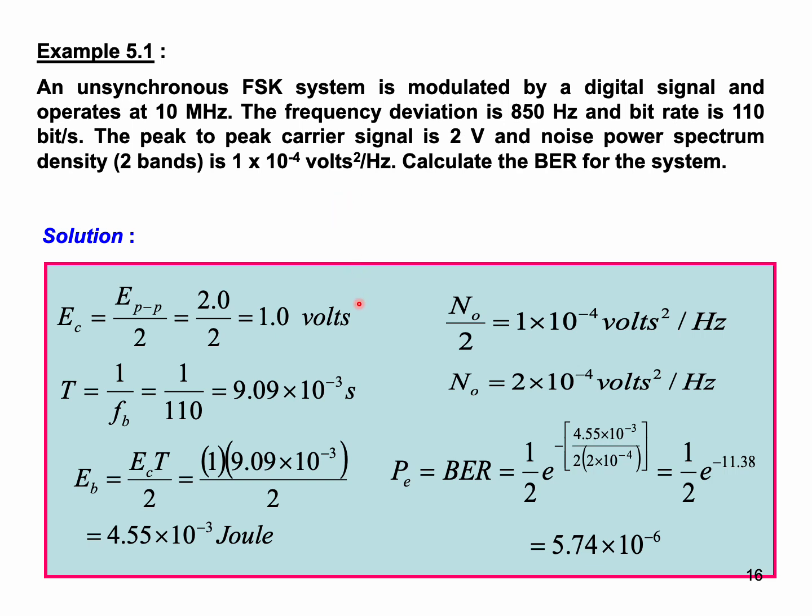First, we calculate the peak carrier amplitude, Ec, and the bit period, T. From these, we determine the energy per bit, Eb. We also extract the noise power density, N0. Plugging these values into the Pe formula for unsynchronous FSK, we arrive at a bit error rate of approximately 5.74 × 10^-6.